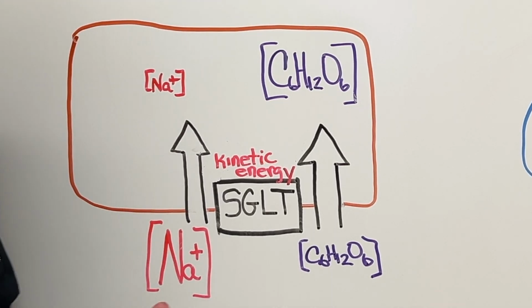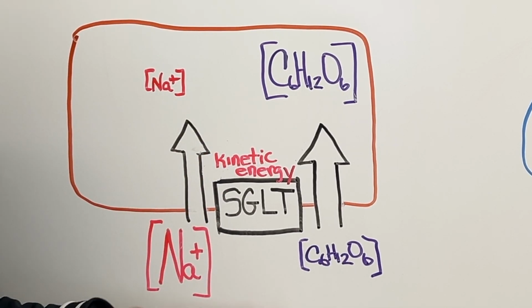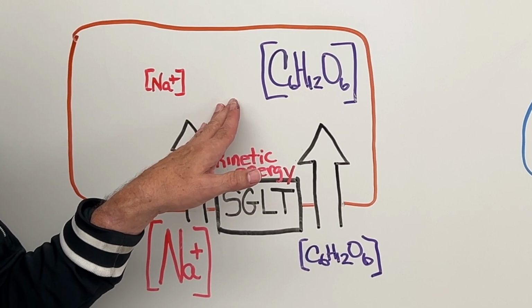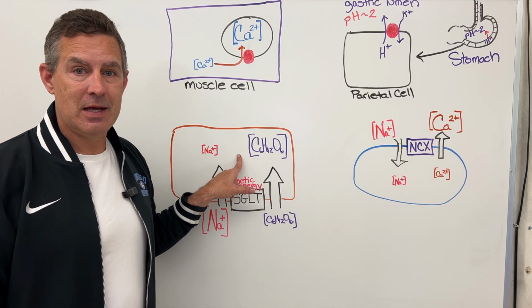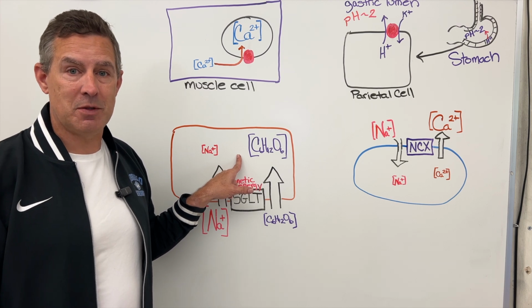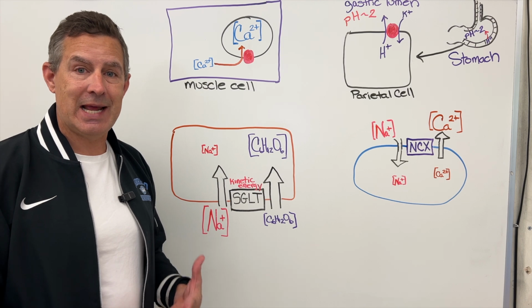So without getting into the details of why, please understand that the cells of the nephron need to move glucose into these cells. Because it's moving against its gradients, some form of energy is going to be needed, and these cells utilize kinetic energy.